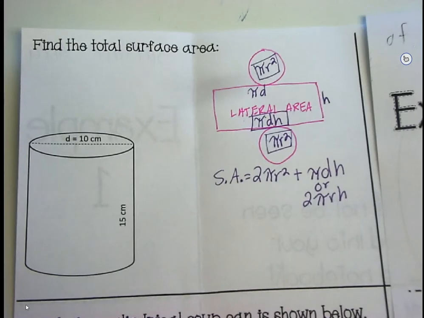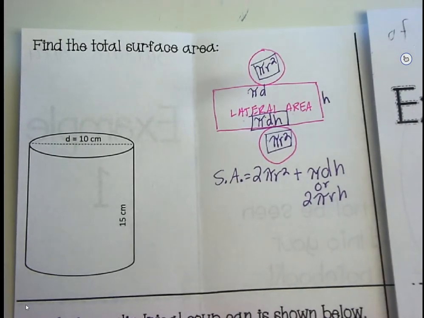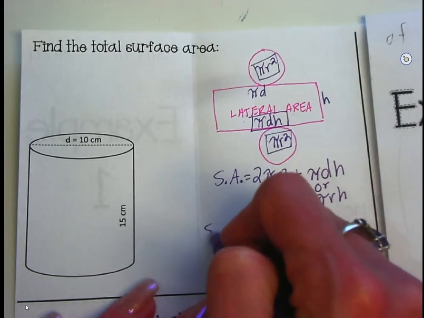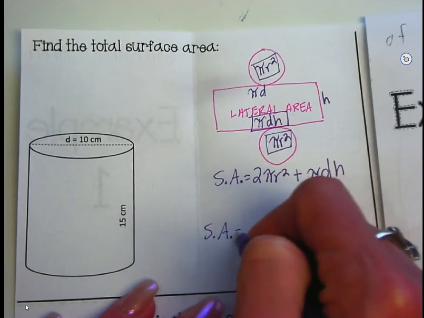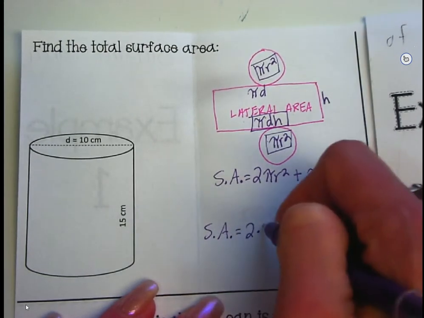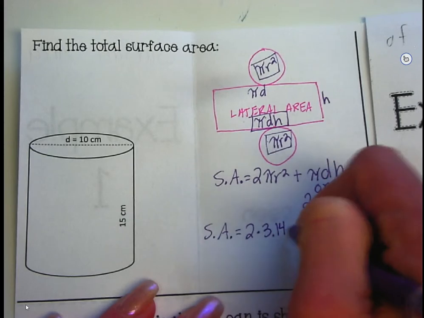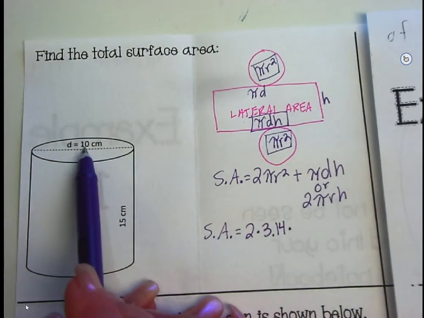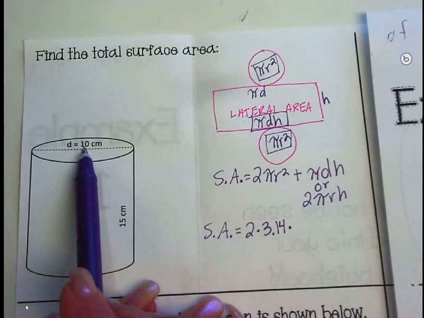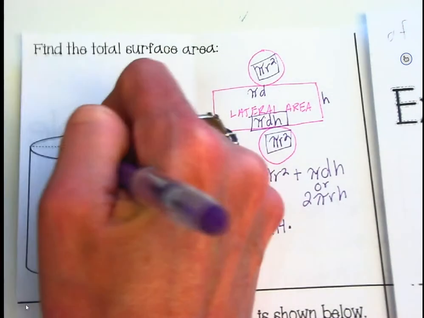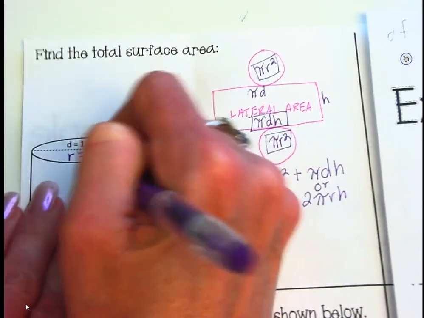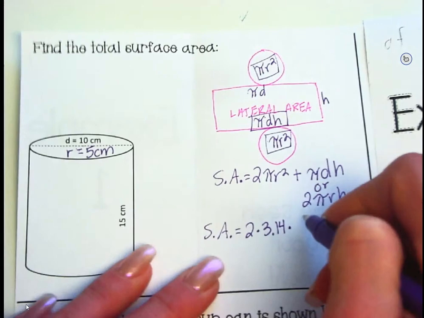So now all we have to do is plug in the numbers. My surface area is equal to 2 times 3.14 for pi times my radius, which I have to get by dividing the diameter by 2. So if my diameter is 10, my radius is 5.